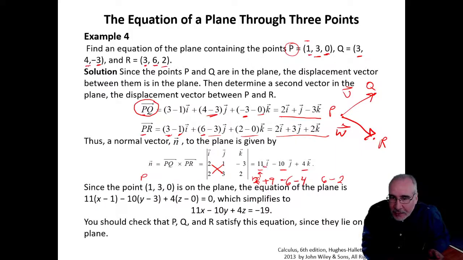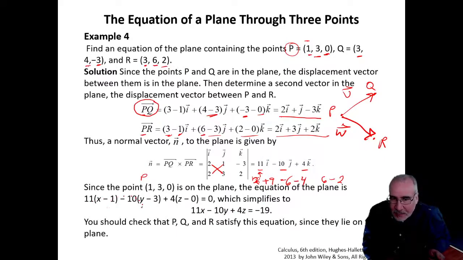So we take our vector, and the I component is going to be x minus 1, y minus 3, z minus 0. We distribute through, we get 11x, negative 10y, 4z, which is the normal vector we've got here.